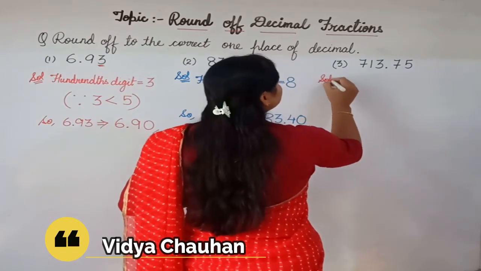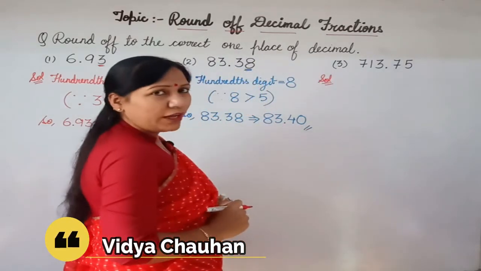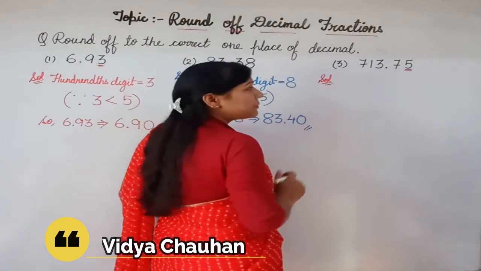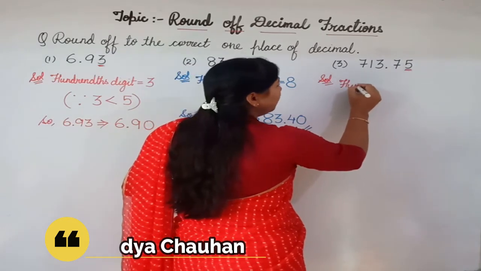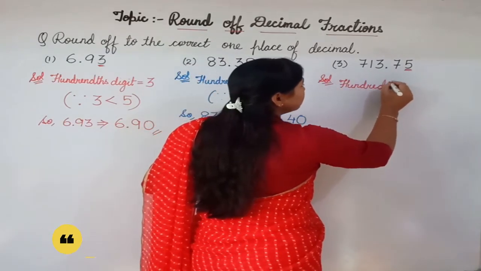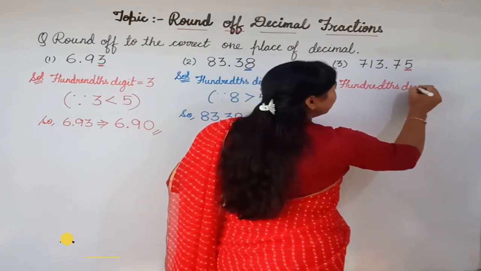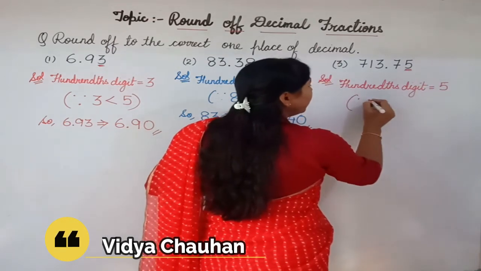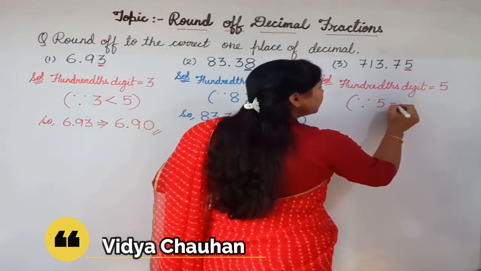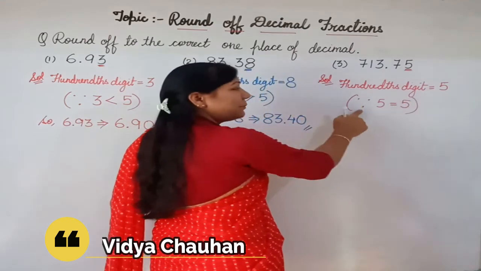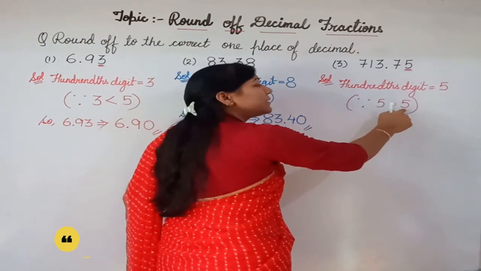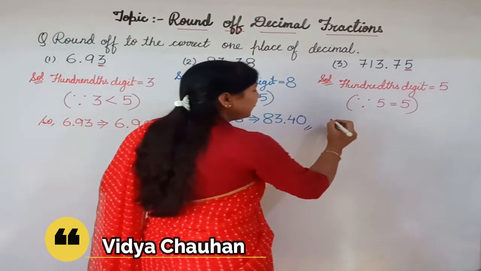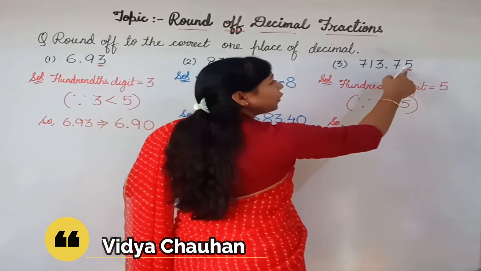Let's take one more example from your book: 713.75. Once again, rounding off to one decimal place means we consider the digit at the 100th place. What is the digit at the 100th place here? It is 5. Since 5 is equal to 5, we will use the second rule.